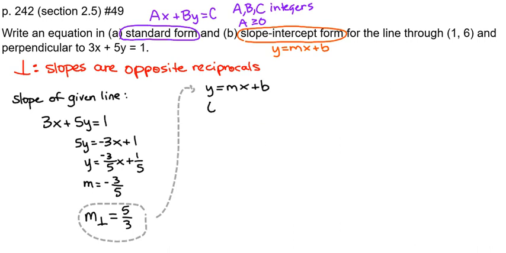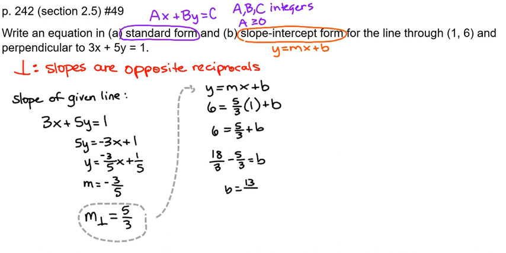You know 6 is the y-coordinate of the point, 5/3 is the slope, 1 is the x-coordinate of the point, and you can solve that for b. 6 equals 5/3 plus b. Let's change 6 and call it 18/3, and we'll subtract 5/3 from both sides. So that gives us b is 13/3.